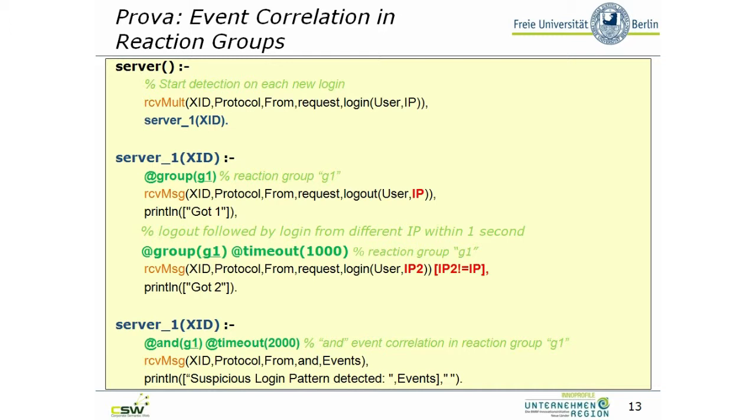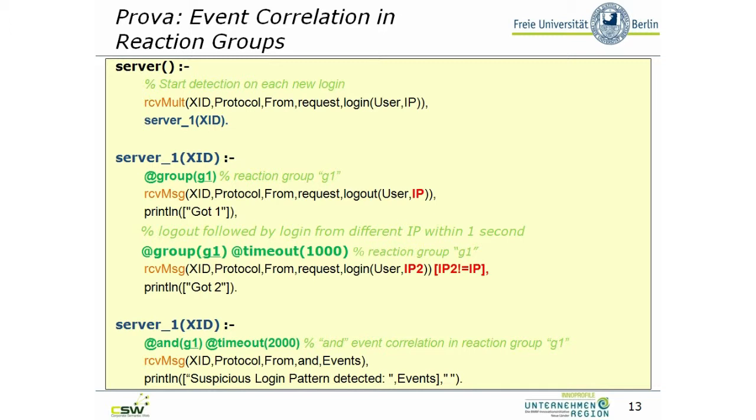We can see this rcvMsg construct is used to detect a logout event from the user. And this receive construct is used to detect the login event of the user from a different IP in 1 second.